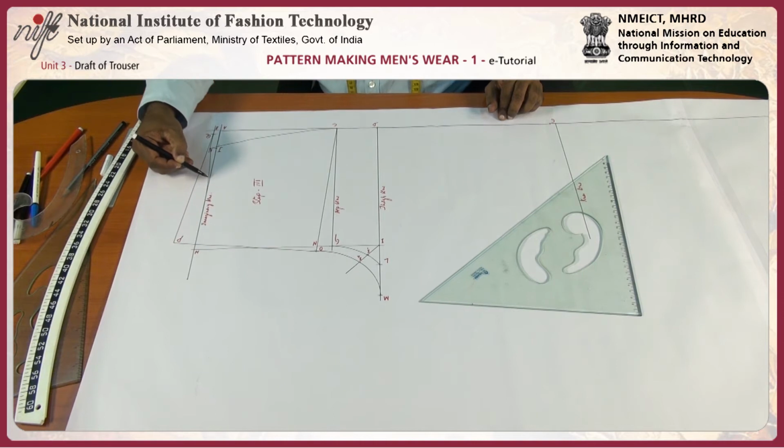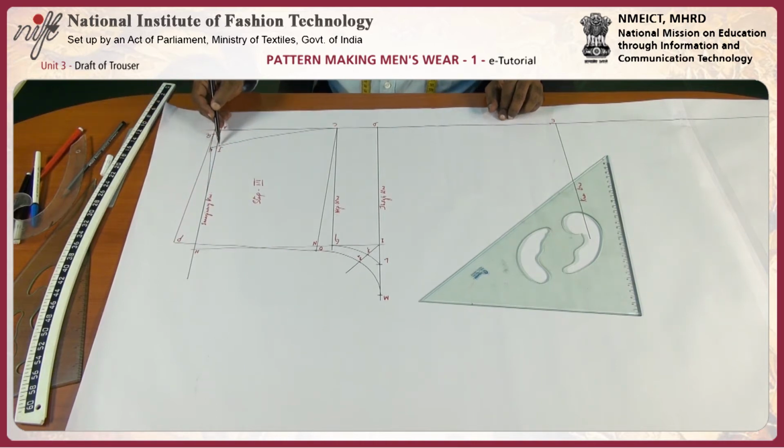This will be front waist arc and side seam of the front leg.